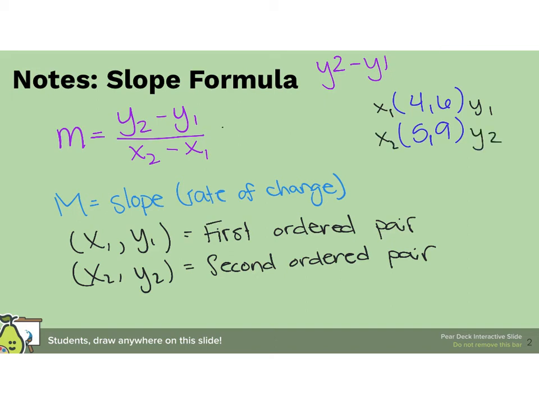So when I plug it into this formula, instead of y2, I put a 9 in its place. Instead of y1, I put a 6 in its place. x2 is 5, and x1 is 4. So when I subtract, I get a slope of 3/1. So that's what the formula is and how to use it.